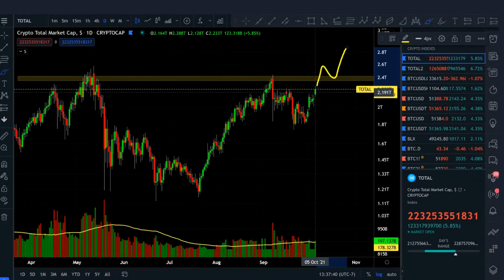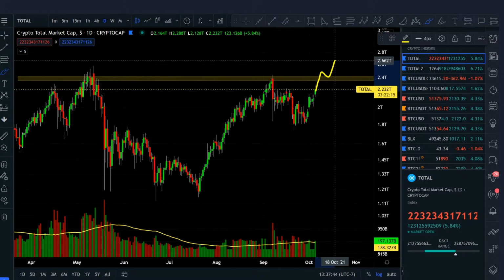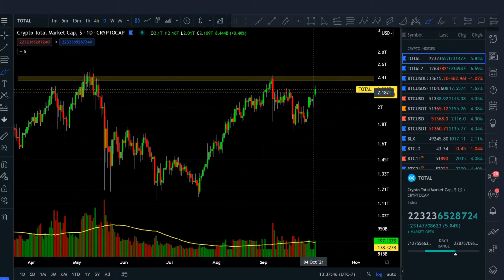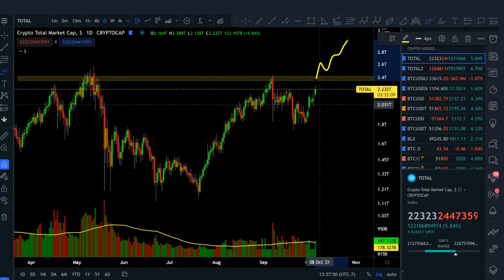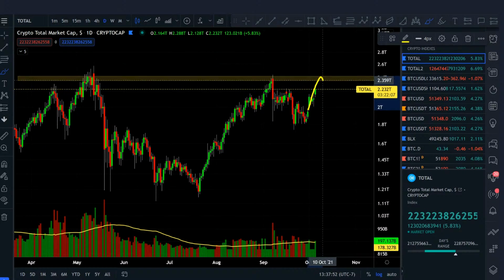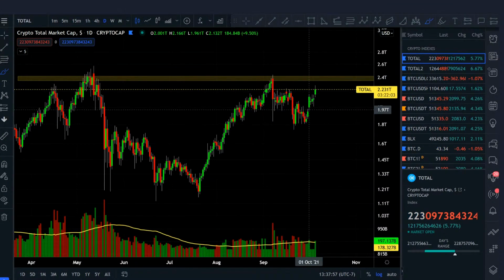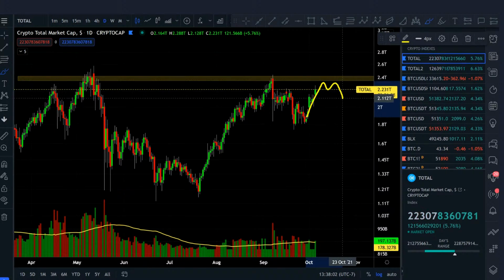A very bullish case scenario would be that we break through that, retest, and continue to make higher highs just like this here. If not, we might reject from it one more time, or at least hesitate there, which is the neutral scenario, or we might literally just reject down from there.